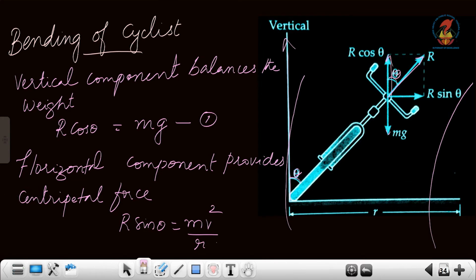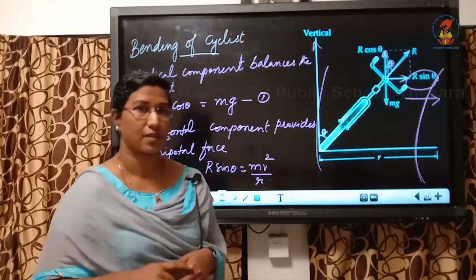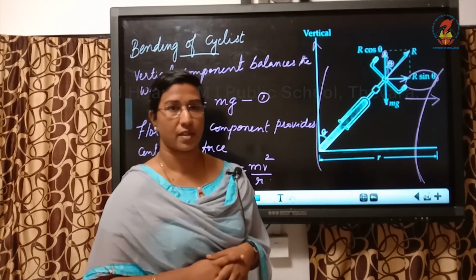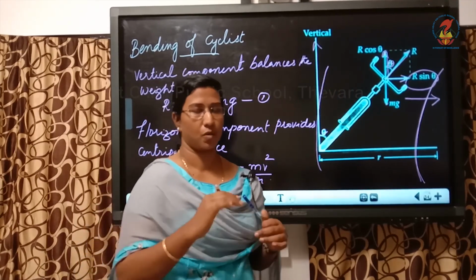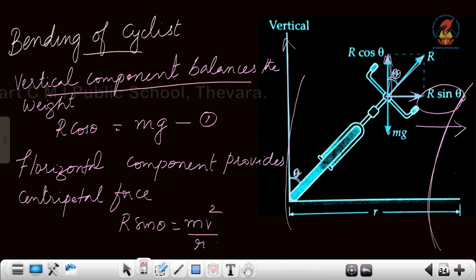Now I can resolve into two components, that is the horizontal component r sin theta and the vertical component r cos theta.